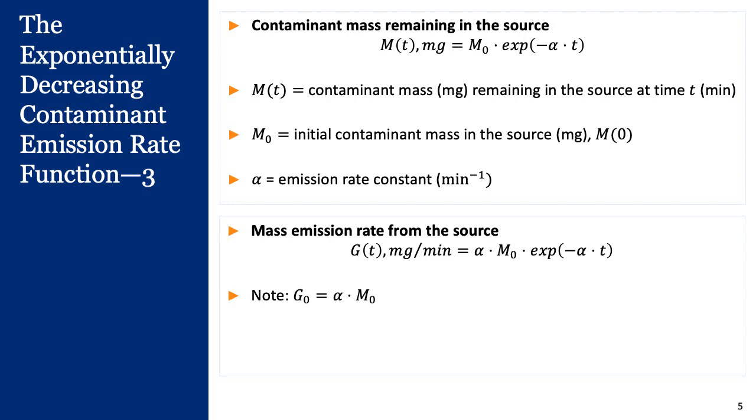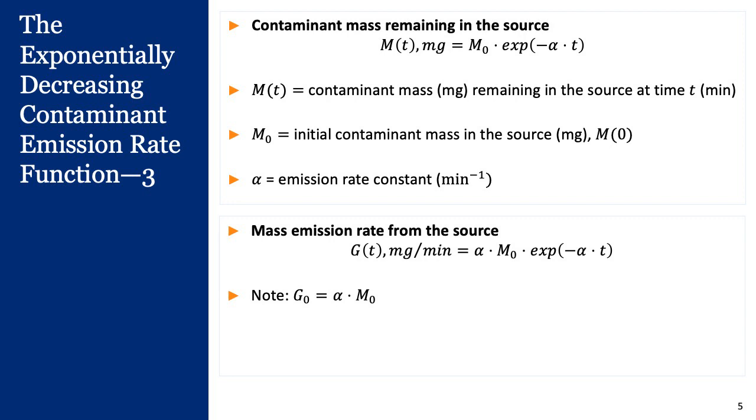It turns out that that is, in fact, the rate at which the mass is going to be emitted from the source as well. So if you know the mass as a function of time, m sub t, then the rate of emission, which is the first derivative of the mass, is given by the mass emission rate, G of t.